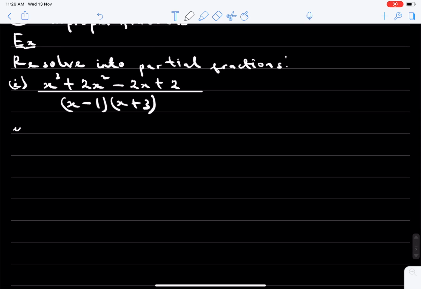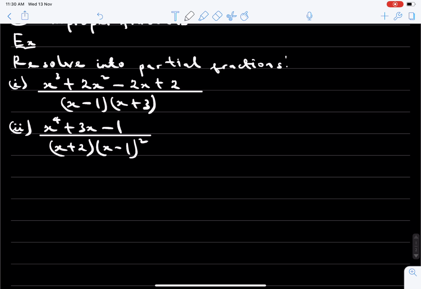Roman figure 2, which is the second example we are going to take. x raised to the power 4 plus 3x minus 1 divided by x plus 2 times x minus 1 squared.